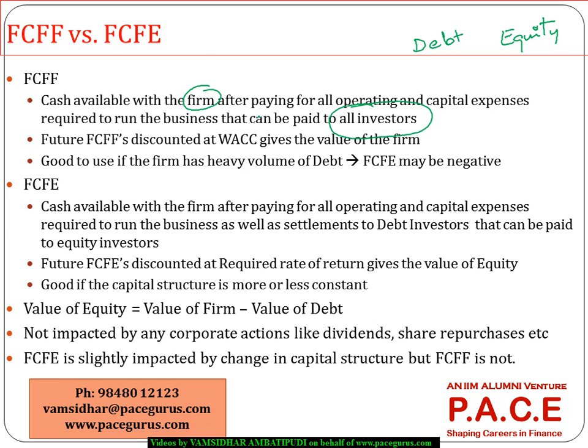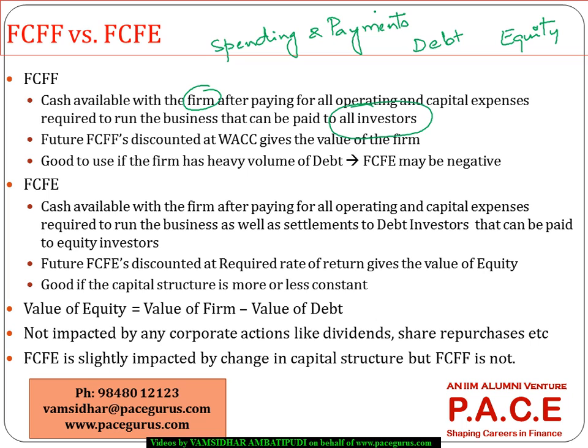After all the business related spending and payments, after the company has spent and paid the suppliers, vendors, everything, even the capital expenditure for that year, whatever cash is left with the company, which can be distributed both to the lenders as well as equity investors, is what we call the free cash flow to the firm.